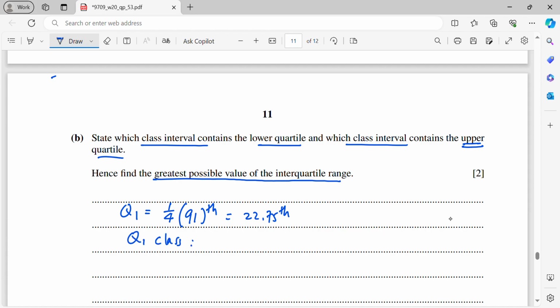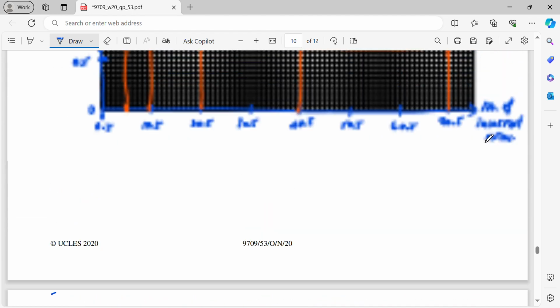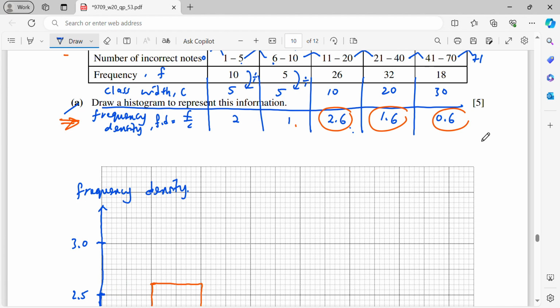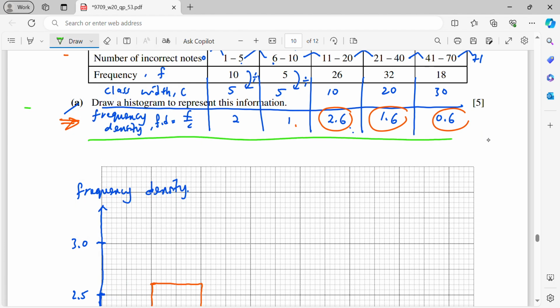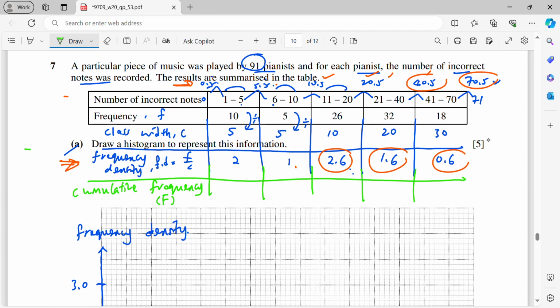Now to get this Q1 class, I need to know the cumulative frequency. So in this table, I need to add one more column, which is capital letter F, cumulative frequency. Capital F is just adding up.